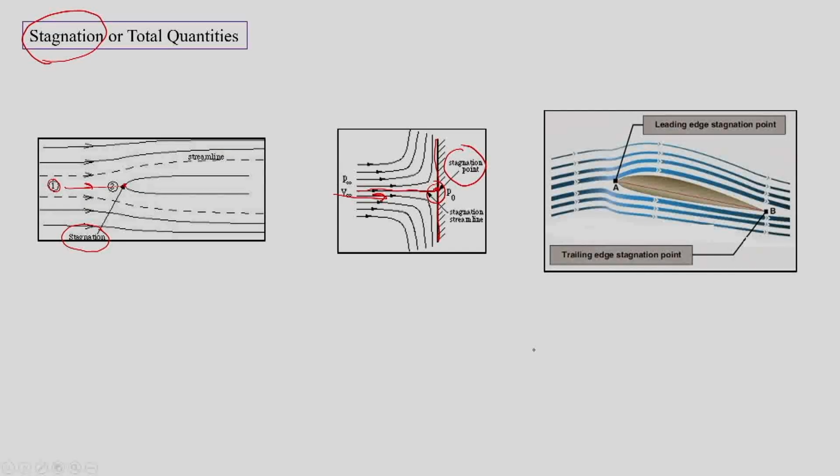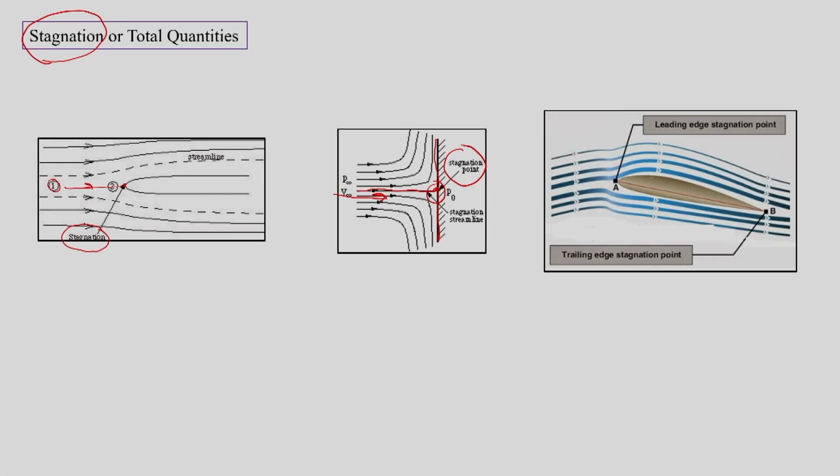stagnation point. In the second example we have a vertical plate and the flow is coming in the direction parallel to the area vector of the plate, such that when the velocity streamline hits over here, we get a flow with 0 velocity, and here as well the same point is called the stagnation point.